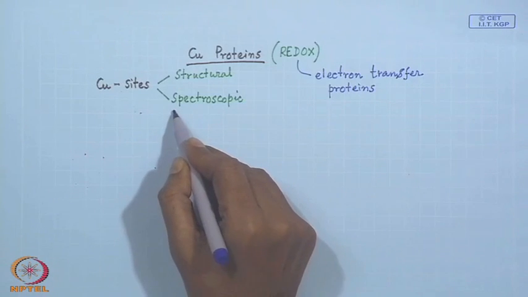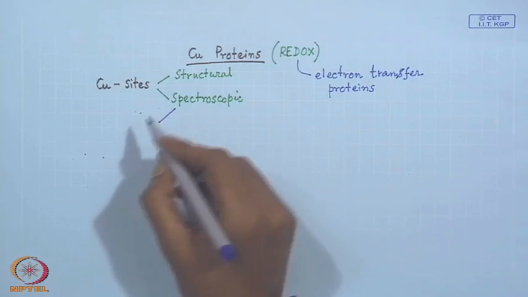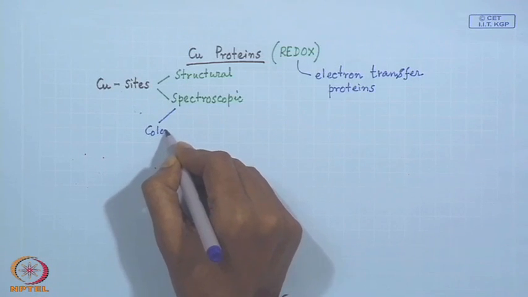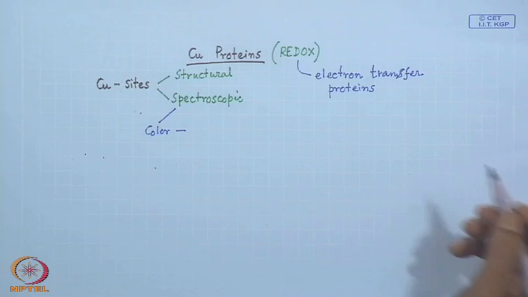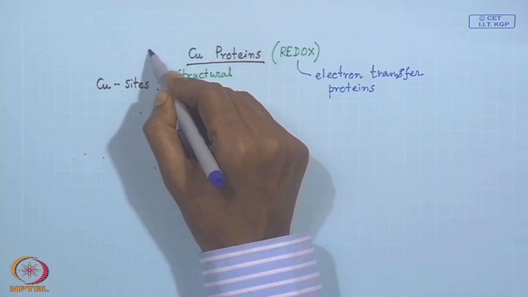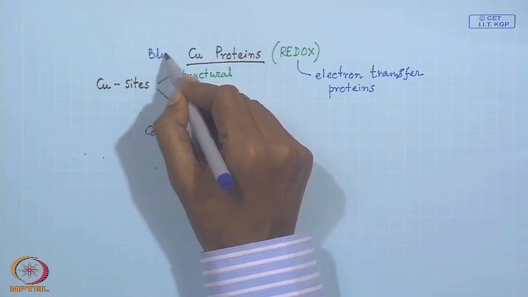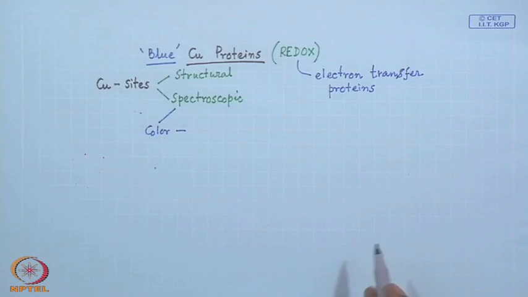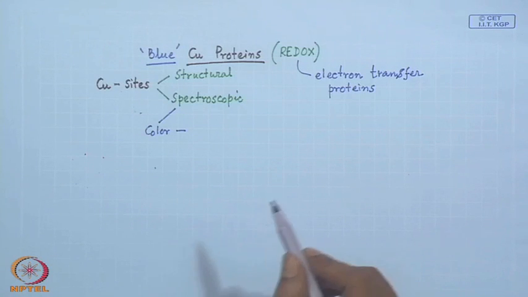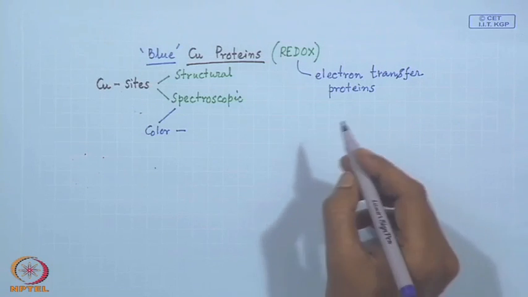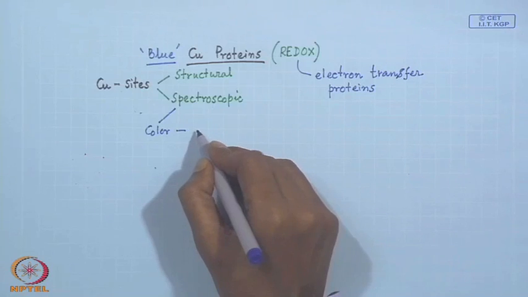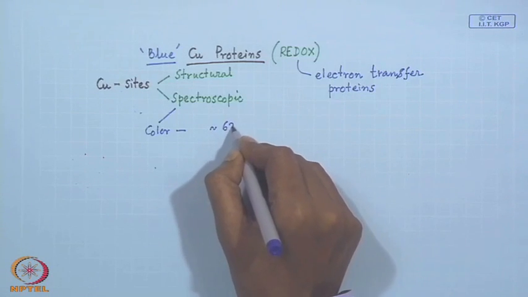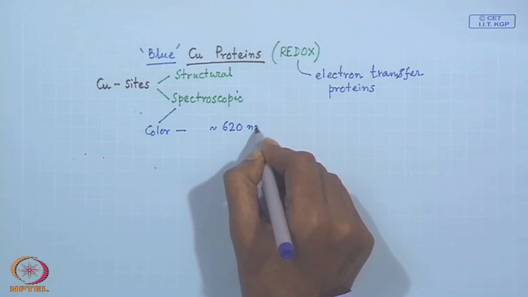proteins, spectroscopic signature is one such that gives you the color. What is the color of this system? Most of the cases, they are blue in color. So, they are also known as blue copper proteins, and these blue copper proteins have a corresponding band at 620 nanometer.